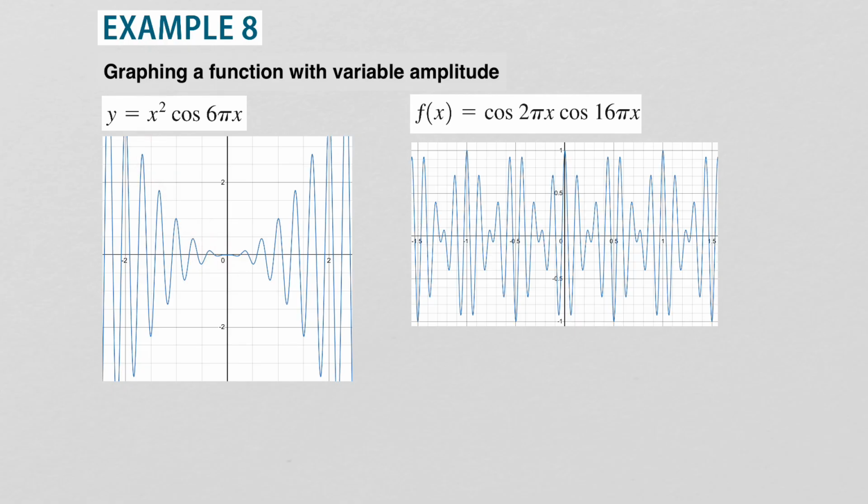And for the other one, we have the product of two cosine functions, and I want you to notice here how the amplitude behaves very erratically. There's really no rhyme or reason to it here, but you can see the amplitude is oscillating between multiple values here. So again, I would never expect you to graph something like this by hand, but graphing software can make this a pretty easy task.